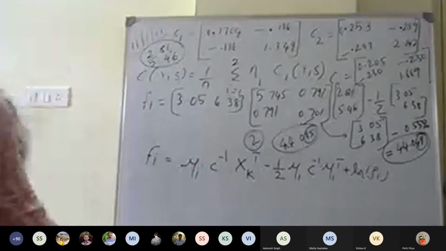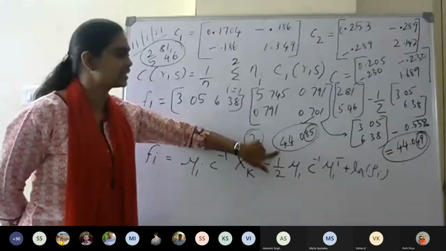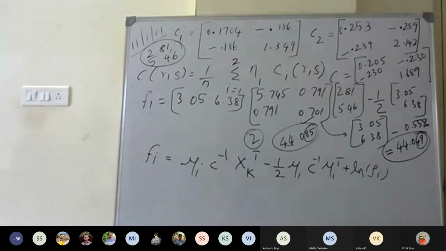Class 2 is the one to be predicted. For the first class it gives 44.049 and for the second class 44.085, so here only a marginal difference is coming. If you take some other value, you may get a high difference between both classes, and then you can tell the probability very quickly.